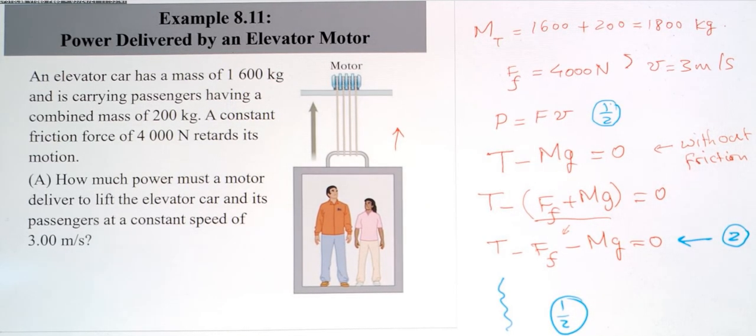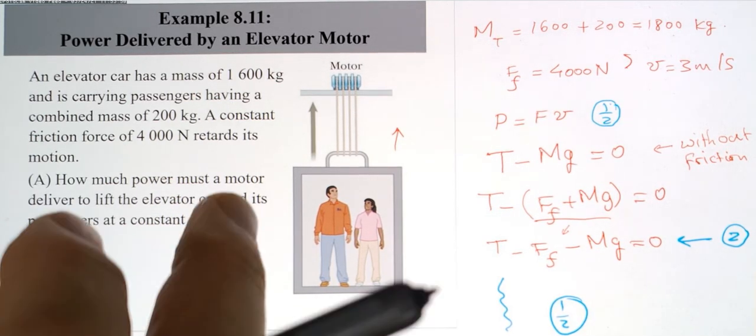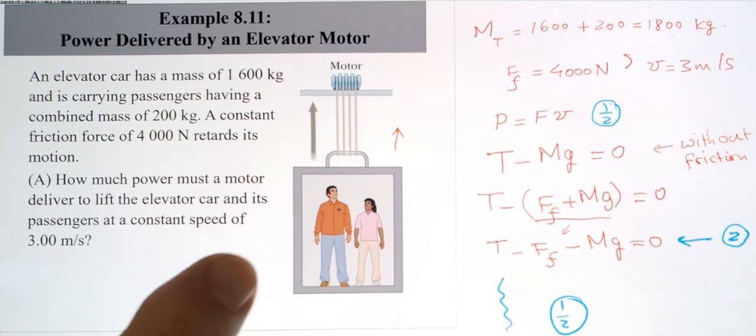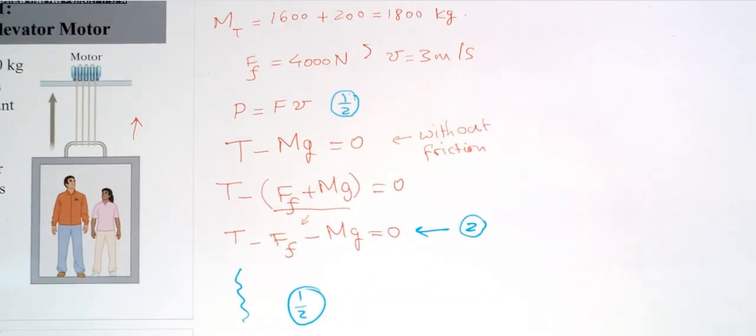Exactly, it's equal to 0 because speed is constant, meaning acceleration is 0. Okay? So if we have such a problem in the exam, I will give 2 marks if you write this equation correctly.